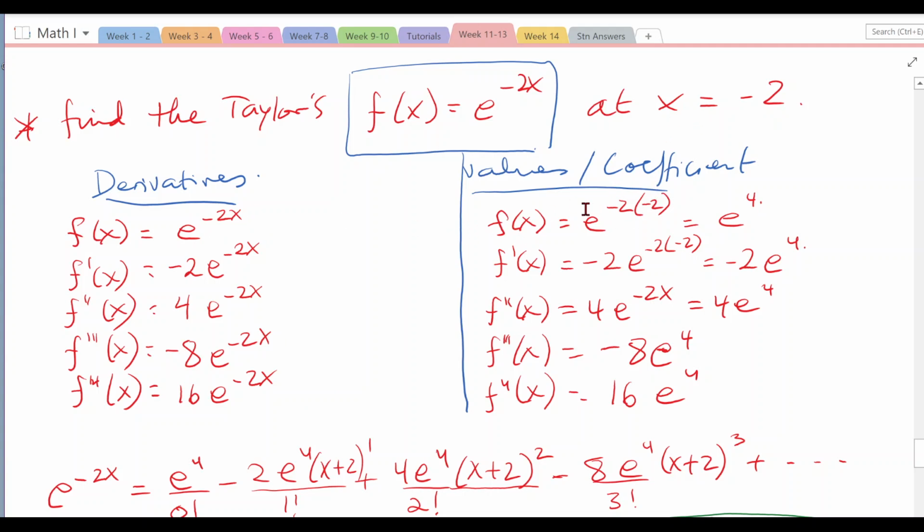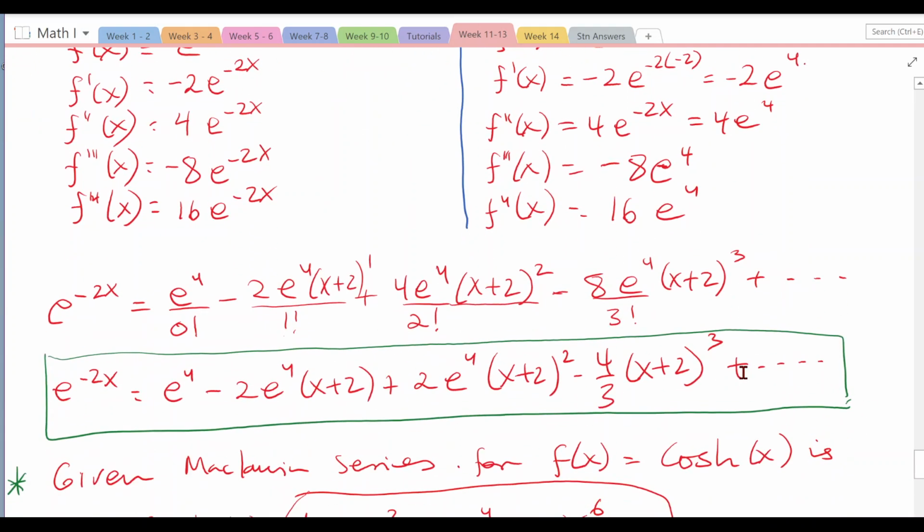So x equals negative 2 becomes positive 4 in here. Same thing at the first derivative: substitute negative 2 here, it becomes negative 2 times e to the 4, and then 4 times e to the 4, negative 8 times e to the 4, and then positive 16 times e to the 4. This will be your coefficient, the constant on the Taylor expansion.